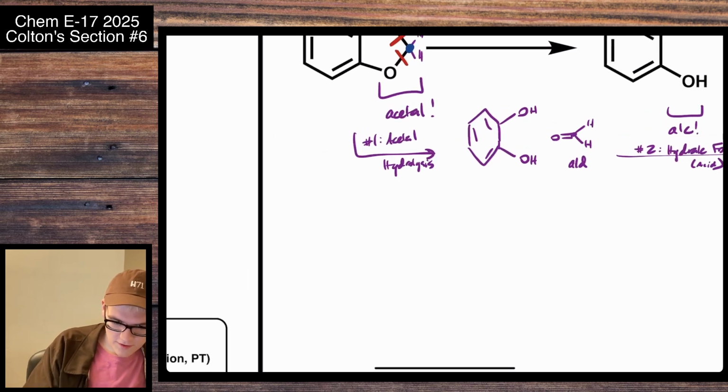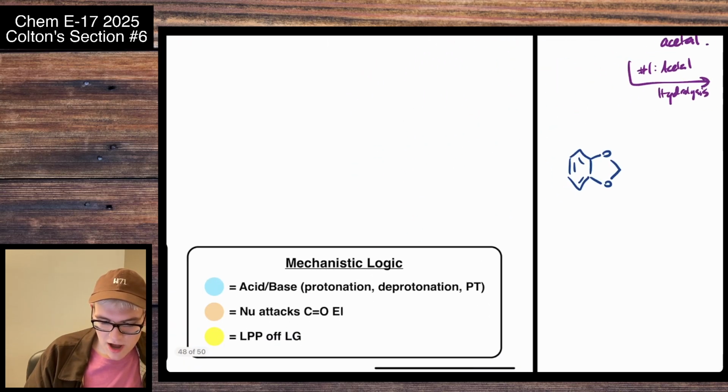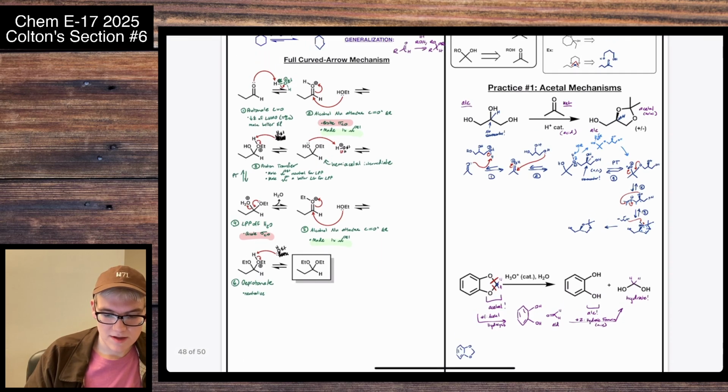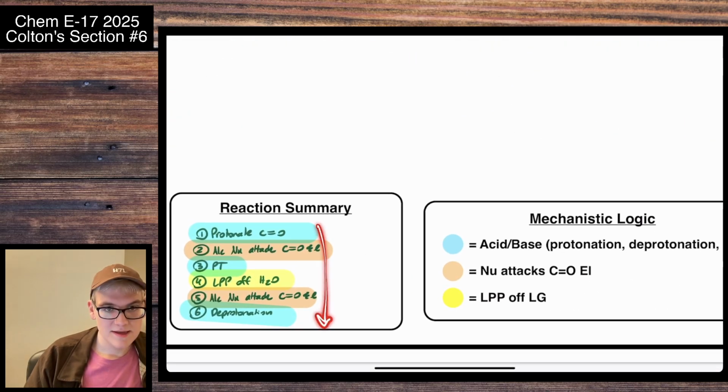So first off, we are doing the acetal hydrolysis. And so far, we haven't really talked about the hydrolysis mechanism, but it is going to be the exact opposite of the acetal formation. So acetal formation, we did these 6 steps in order. And now, to do the acetal hydrolysis, we're going to do the reverse of all of these.